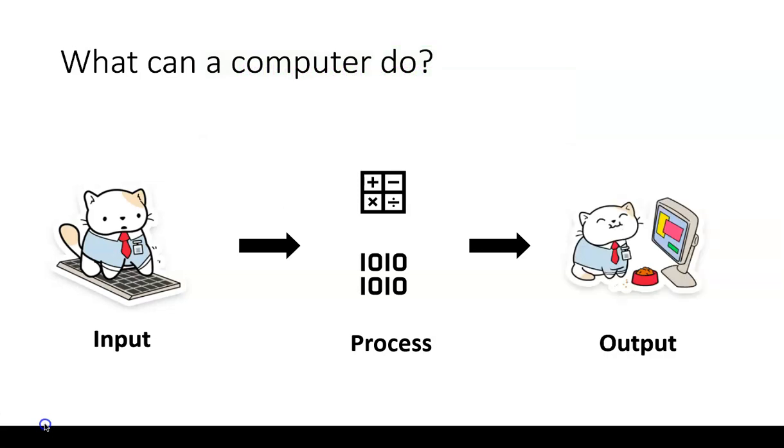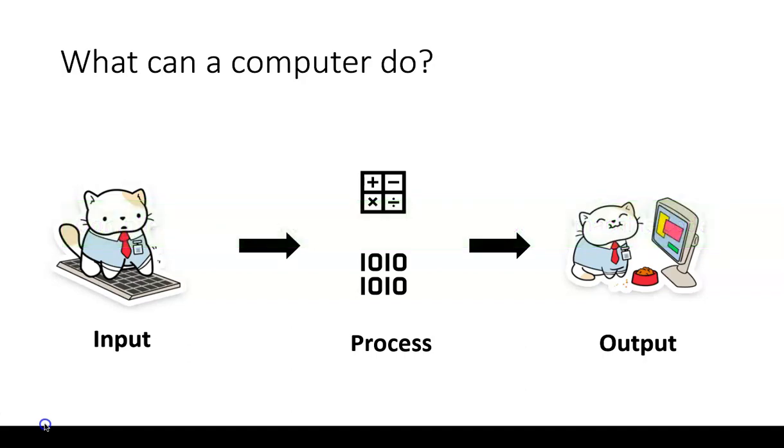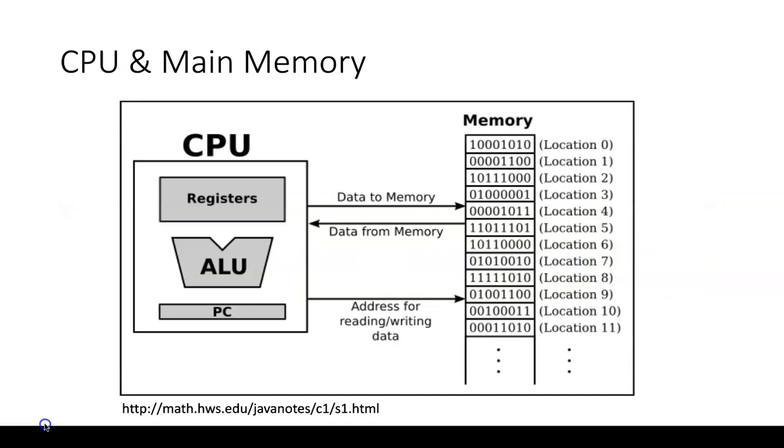And as you should know, at the hardware level, everything is in bits, zeros and ones. So machine language is in binary, and the code we will write in Java gets automatically converted to this format using a compiler. When you run a program, the code is stored in main memory, in machine language of course, and the central processing unit, or CPU, is where the instructions are fetched and executed one by one.